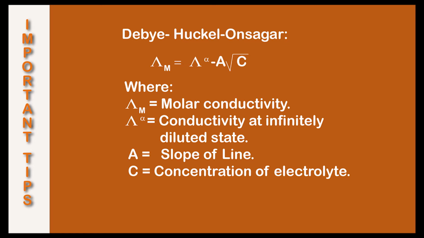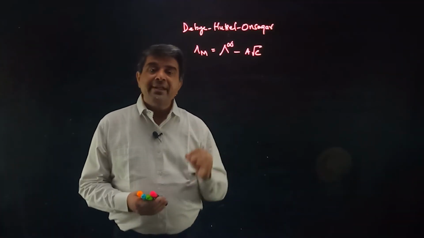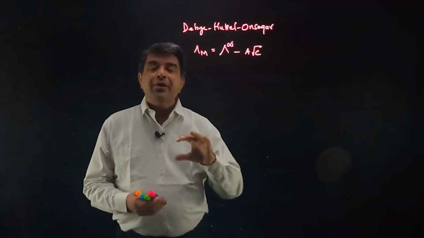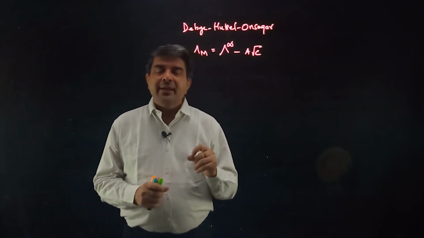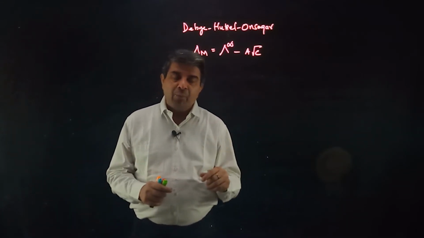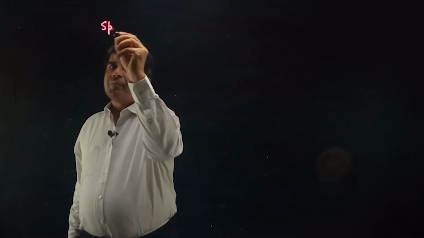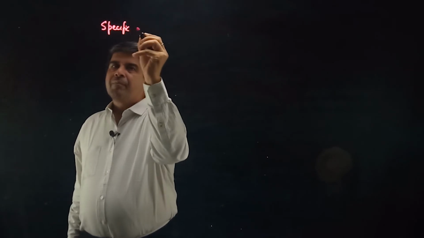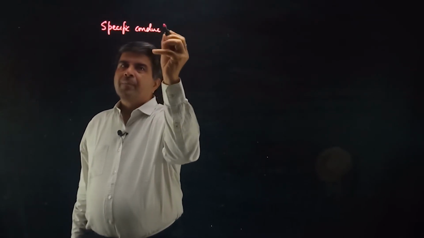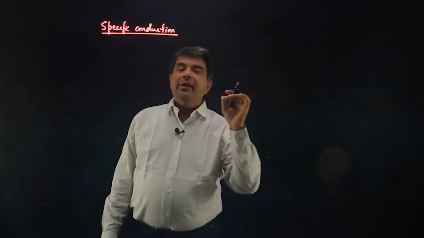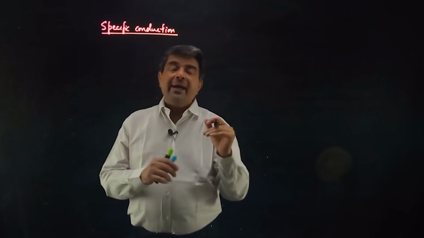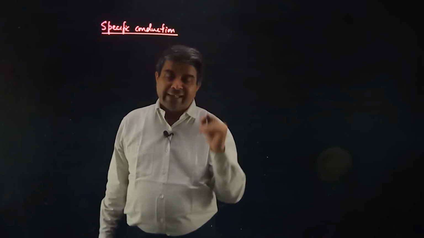Now, as I have already stated that there are two types of electrolytes. To know more on types of electrolytes, there is a link in the description box. Now, in case of specific conduction, the variance in conductivity would basically, the conductivity of the solution would decrease.